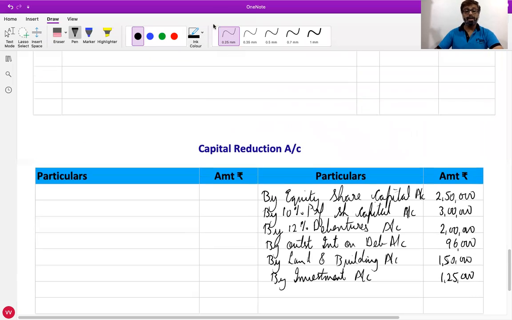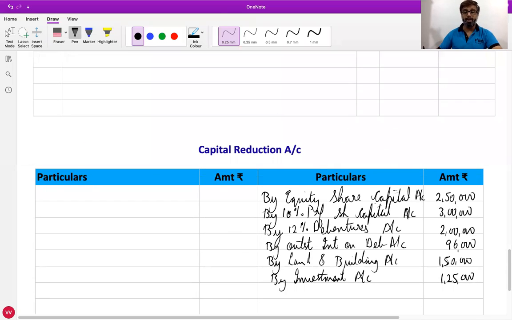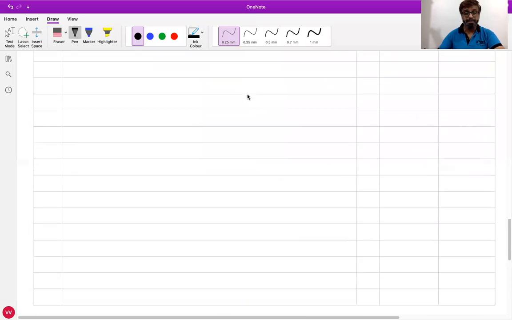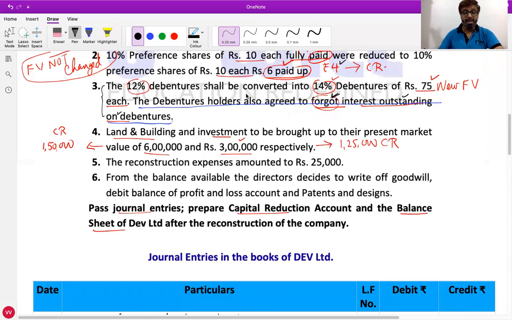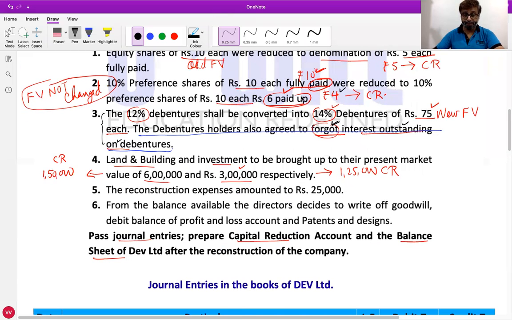Mute yourself. I hope everyone is clear up till here. Now, next adjustment, adjustment number 5. Twinkle from OP Road, unmute yourself.